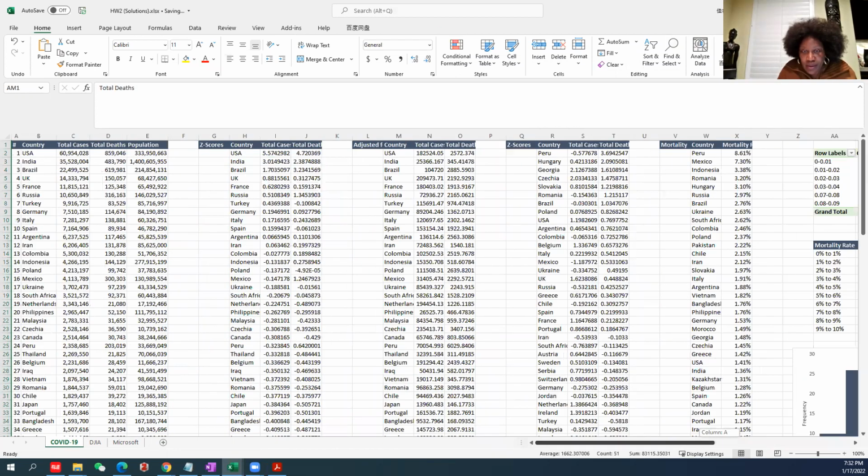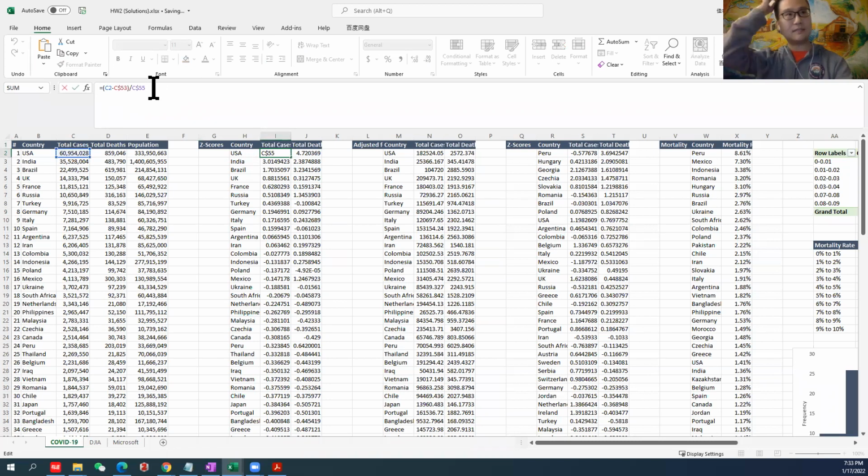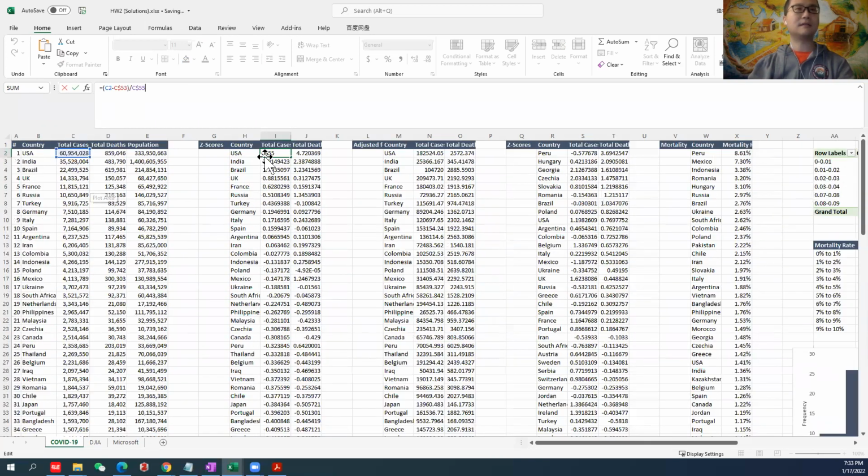And a z-score is calculated here. So for example, the z-score of the total cases for USA, as already stated by, I believe it was Adam, is 5.57. When you click this worksheet function area, all the reference values are included, so you can see how these numbers are calculated.